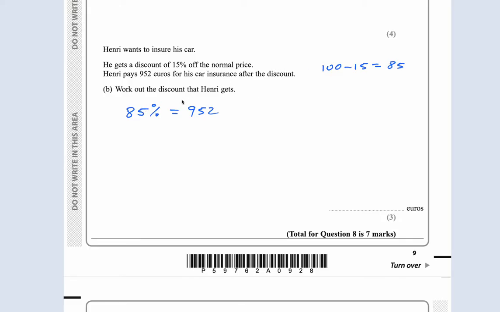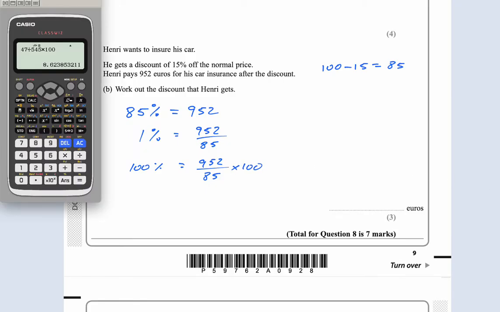If this is 85%, we're actually trying to find 15%. But firstly, let me just find 100% because that's the normal way we do these questions. So 1% is 952 divided by 85, and then 100% is 952 over 85 times 100. Let's do that. 952 over 85 times 100 is 1120.